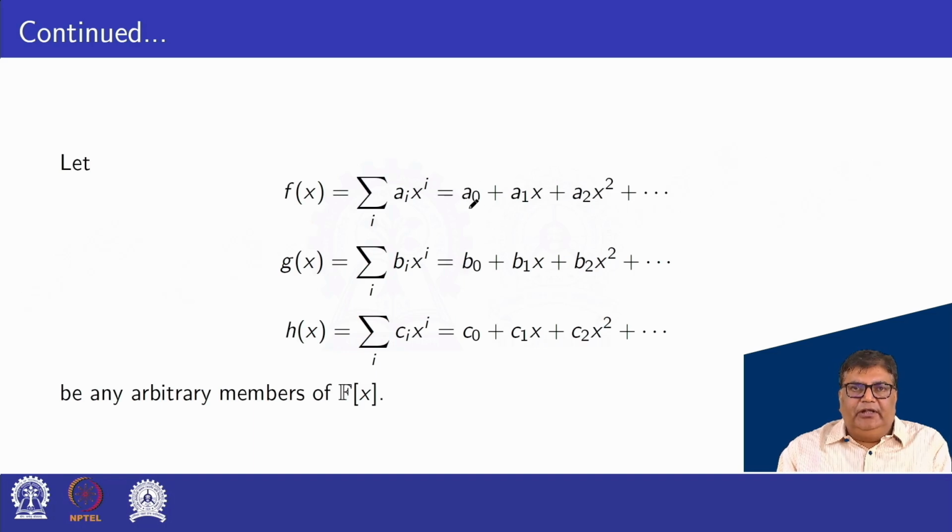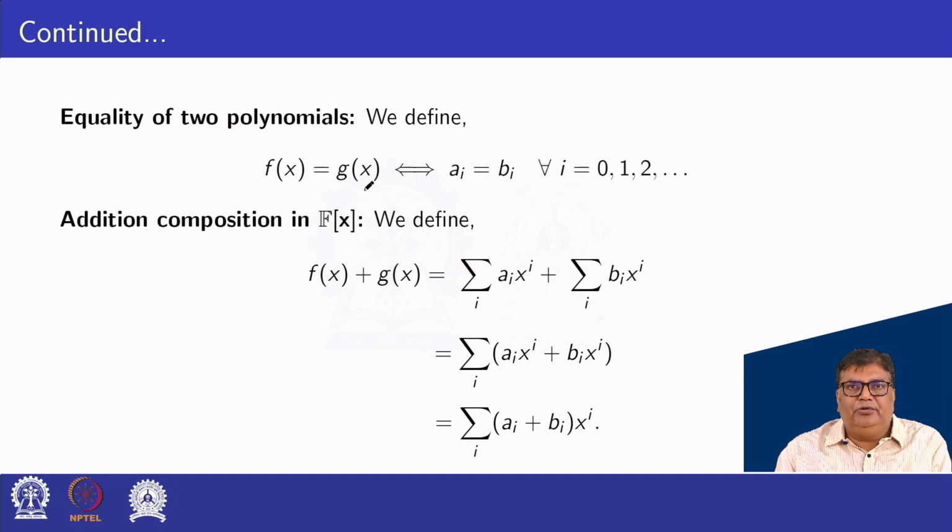That is, a0 is the coefficient of x⁰ in f(x) and b0 is the coefficient of x⁰ in g(x), so a0 = b0. Similarly, the coefficient of x is a1 in f(x) and b1 in g(x), then a1 = b1 and so on. So we can write f(x) = g(x) if and only if aᵢ = bᵢ for all i = 0, 1, 2 and so on.